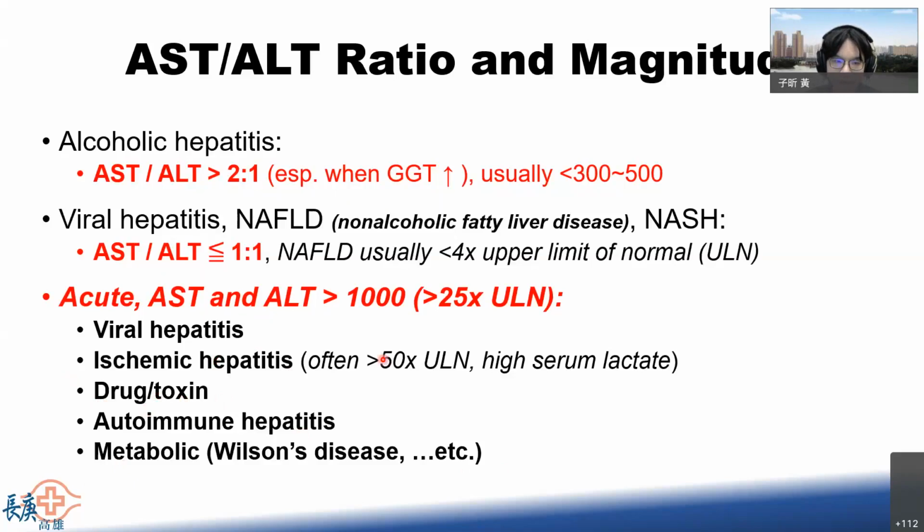In ischemic hepatitis, often the AST/ALT elevation is very high, up to 50 times the upper limit of normal, and associated with a high serum lactate, which reflects that the patient has hypoxia.